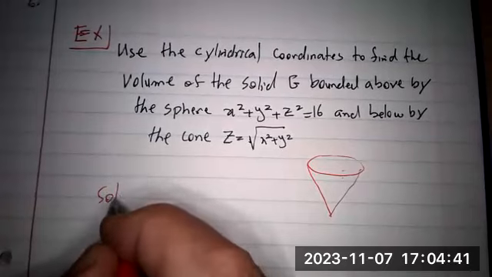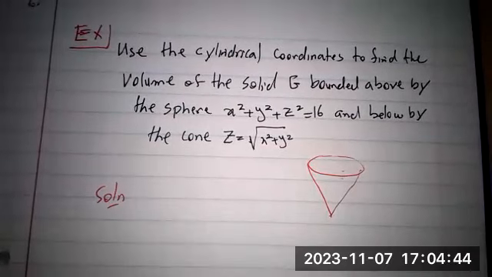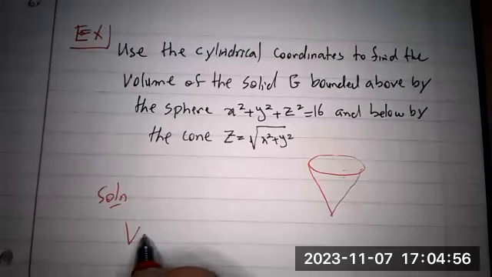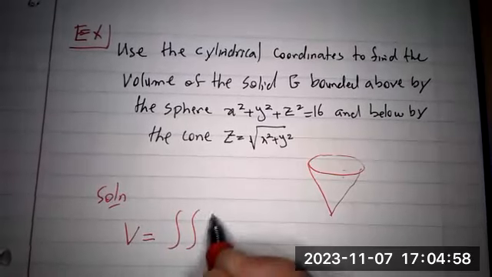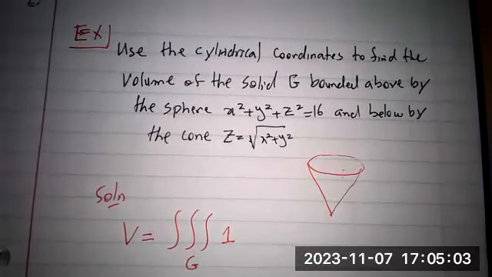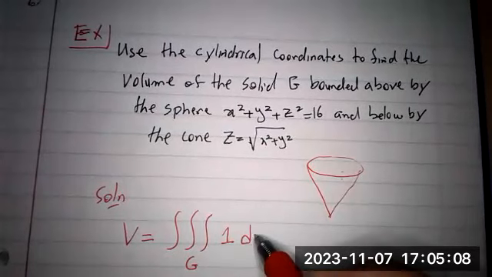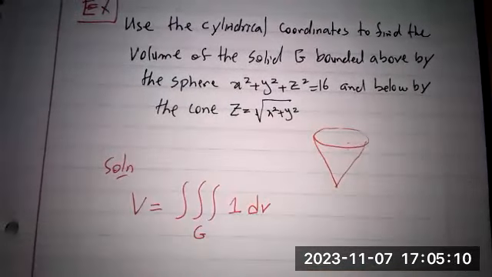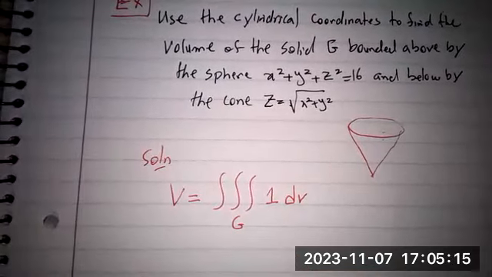So the volume is going to be the triple integral over G of just 1 dV, which is going to change to dz dy dx, and then you integrate it.